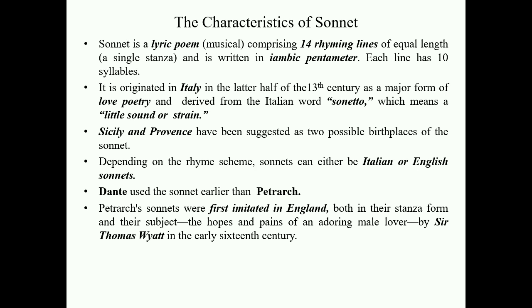Petrarch's sonnets were first imitated in England by Sir Thomas Wyatt in the early 16th century. He used both their stanza form as well as their subject. What is the subject of the sonnet of that time? It is the hopes and pains of an adoring male lover.